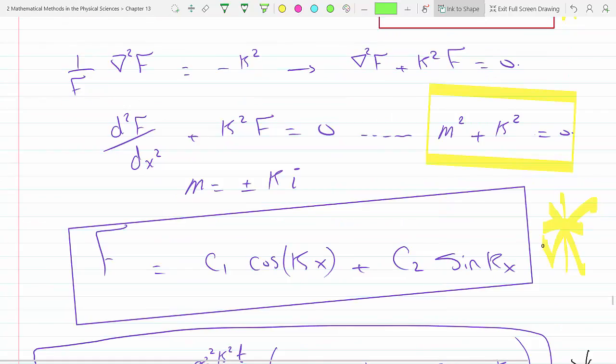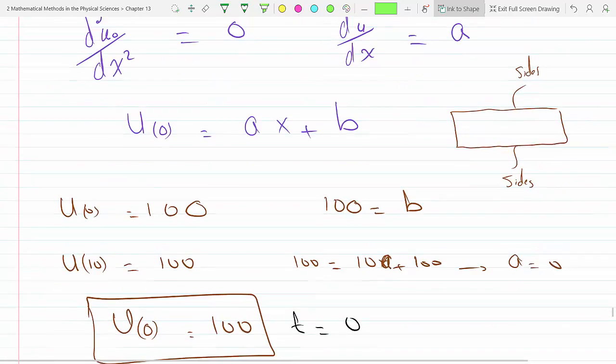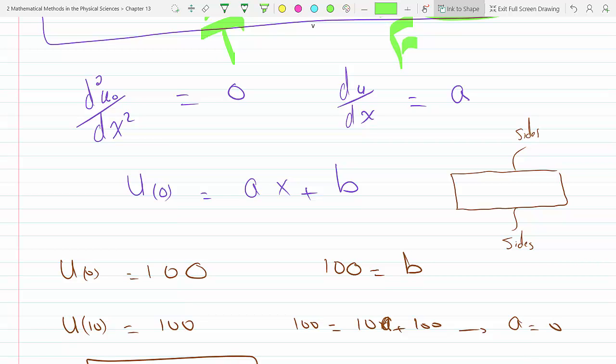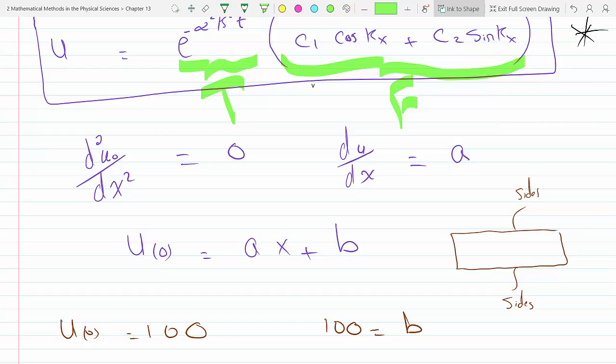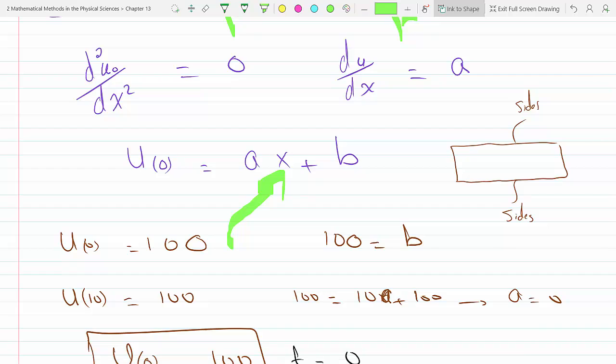Okay, so that tells me that u of 0 equals 100. Right? You plug it back into this, you get b equals 100. Fair enough? And u of 10, the other end, originally at 0 it's 100.